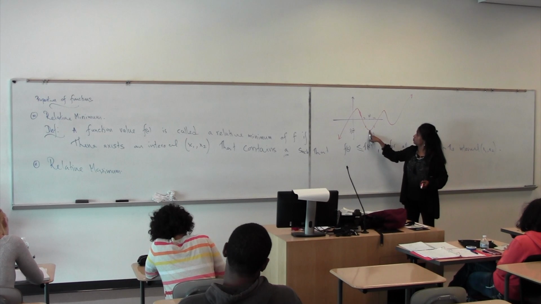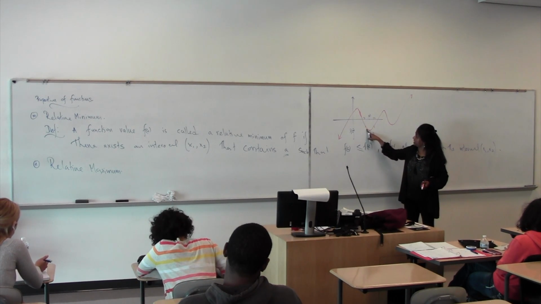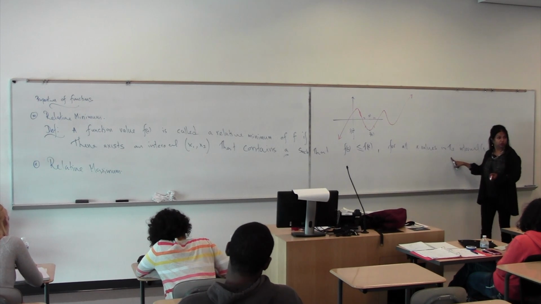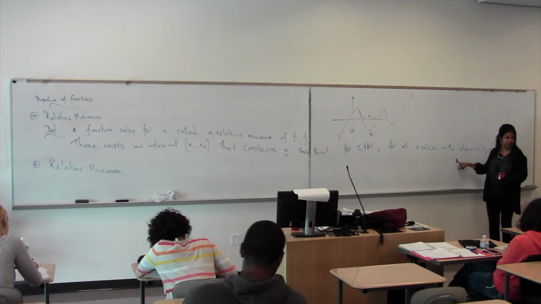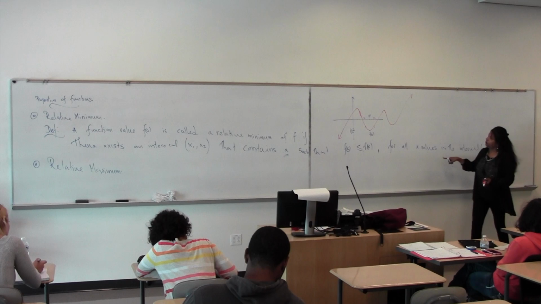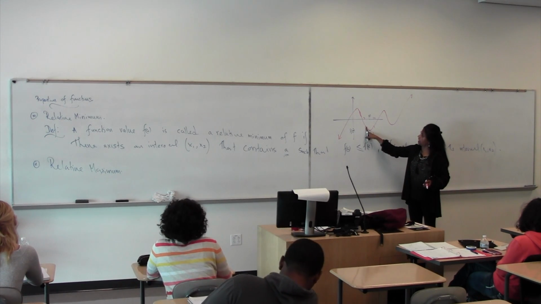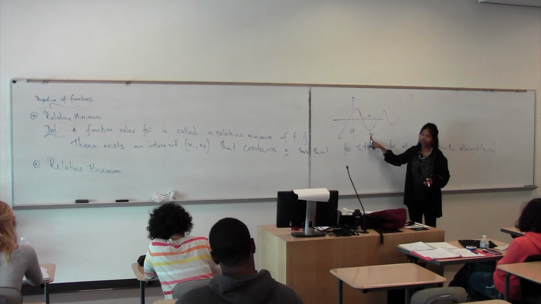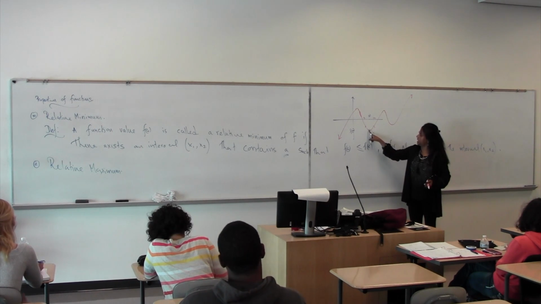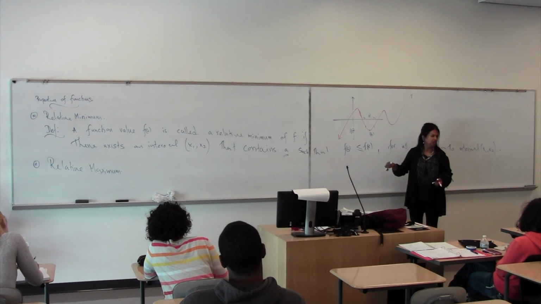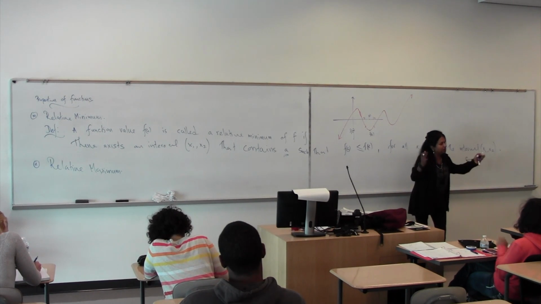F of a is smaller than all the other f of x's in this interval. That's why I wrote this part, because it was not in the book. Okay? If you get f of x here, this f of x value is greater than f of a, correct? This f of x value is still greater than f of a. F of a is the smallest. Are you following that? Only within that interval.